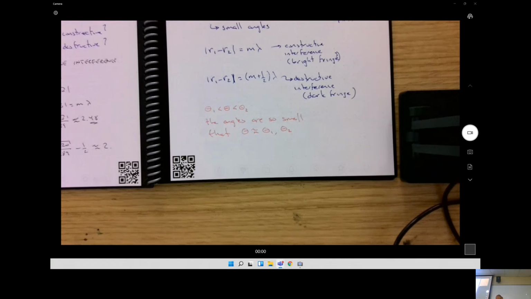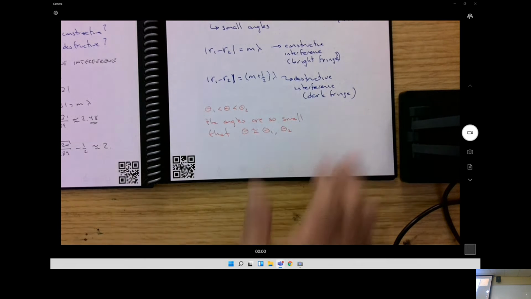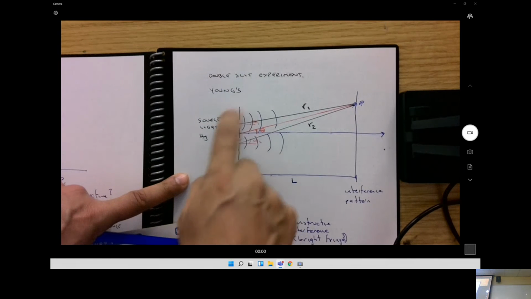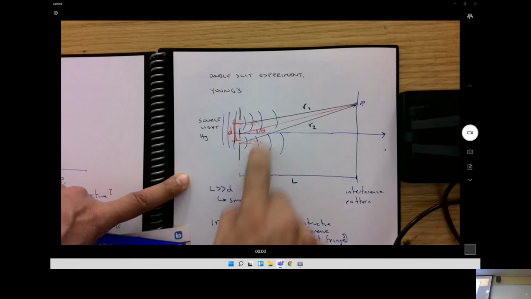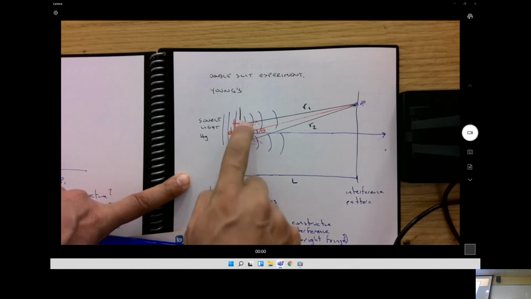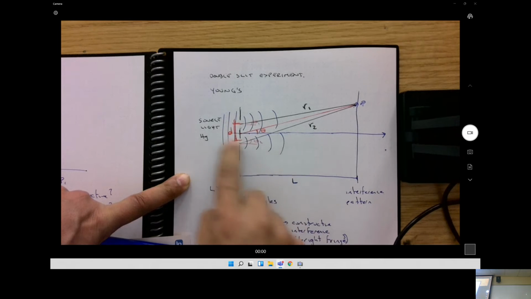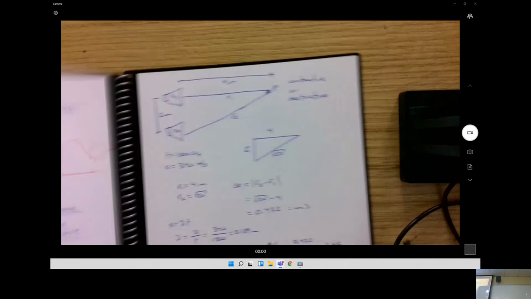So what I'm going to do now is look very close to this area over here. I'm just going to look at the aperture and the three paths of light coming out of here. So I'm going to do it somewhere else.